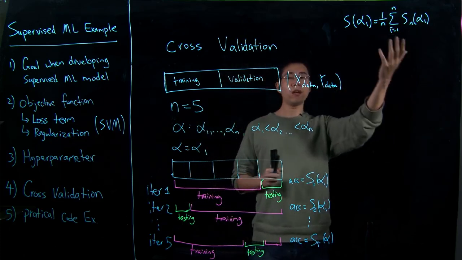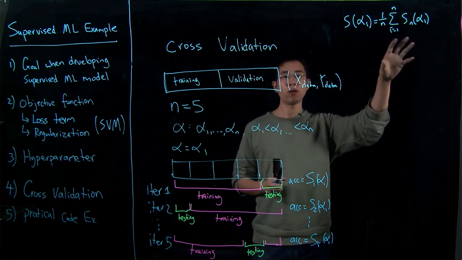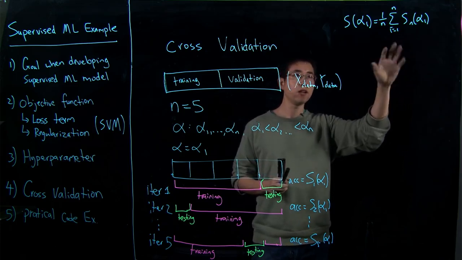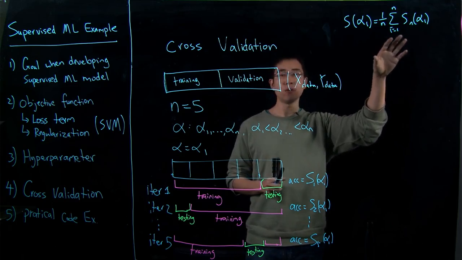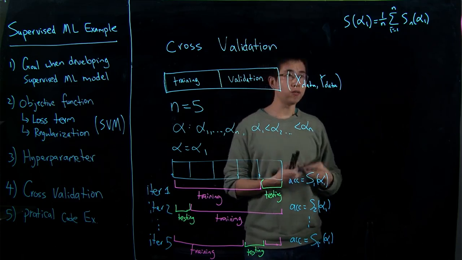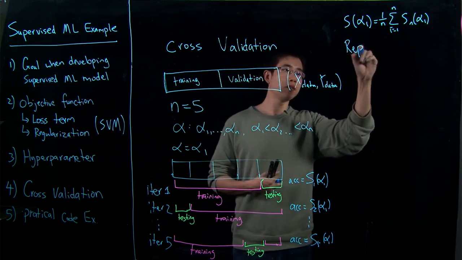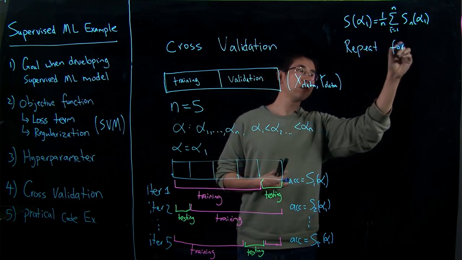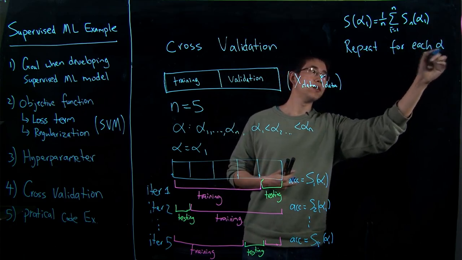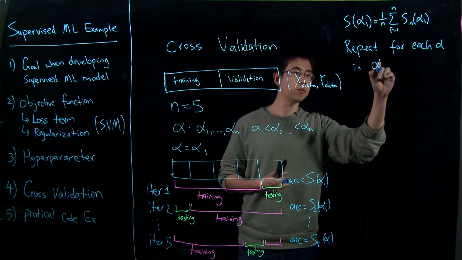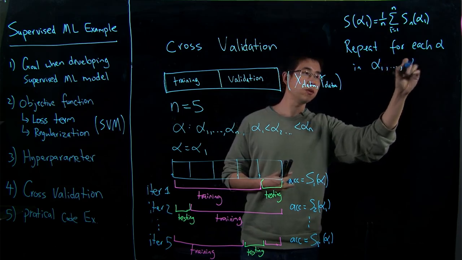So now we have an idea of how well our model performs on unseen testing data if we set alpha equal to alpha 1. And of course, we will repeat this process for each alpha in alpha 1 to alpha n.